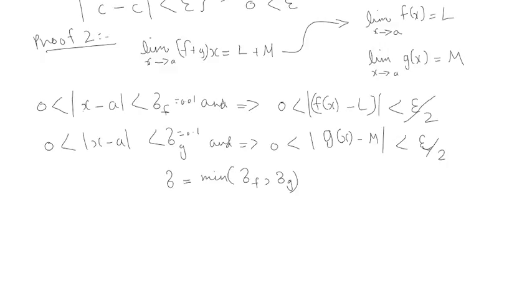But if I choose 0.1, then the condition for g of x would be satisfied, but the condition for f of x wouldn't. Since we're considering two functions at the same time, we want both conditions to be satisfied. So we're going to take the minimum of both deltas over here. And so now, for the sum of the two functions, what we get over here is exactly this.